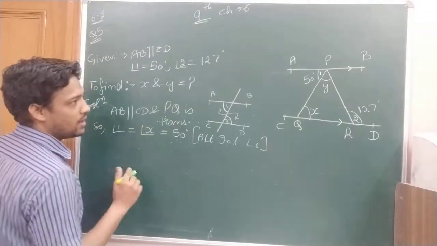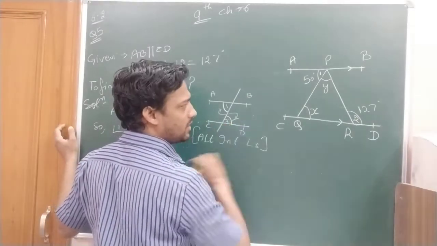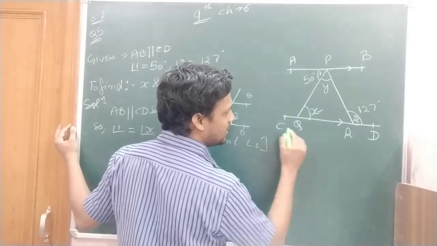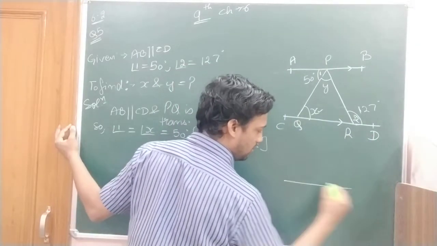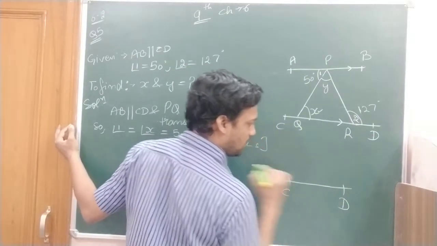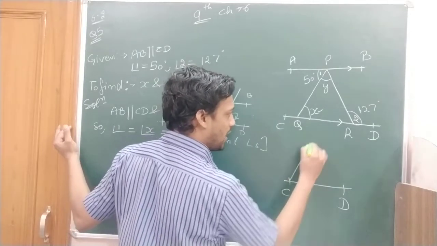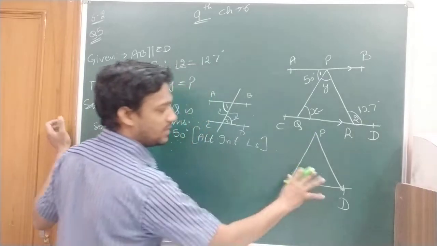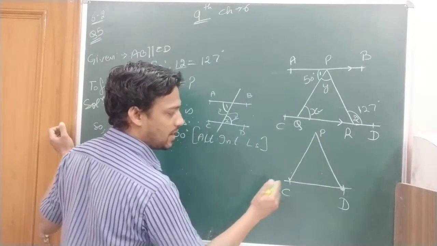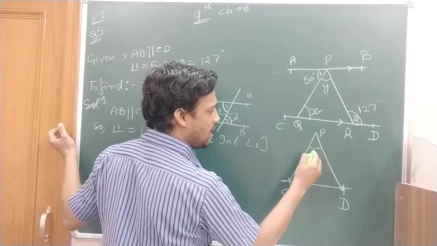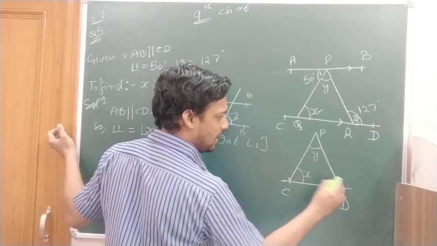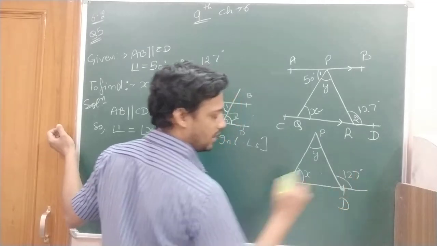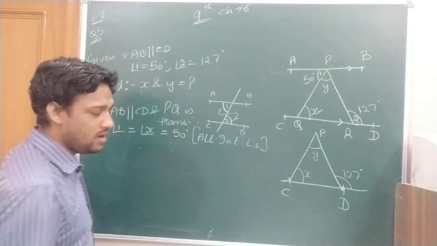Okay students, now we have already found angle x. Now we have to find angle y. If we take only this diagram, CD line and triangle P, this angle is y, this angle is x, and this angle is 127 degree.